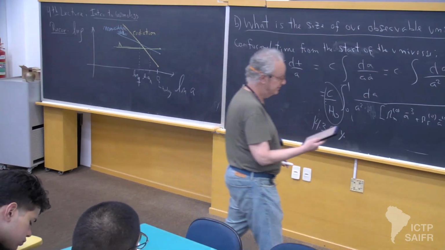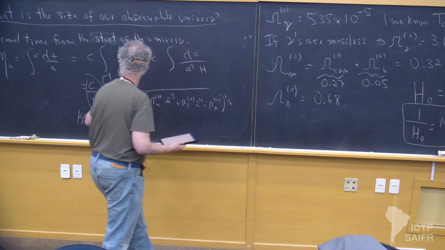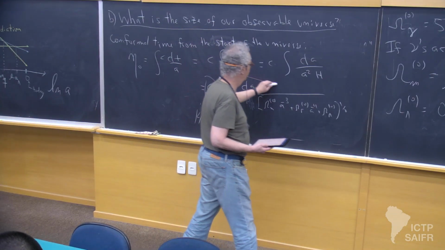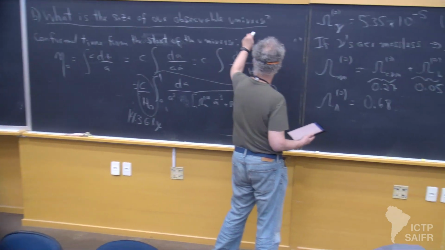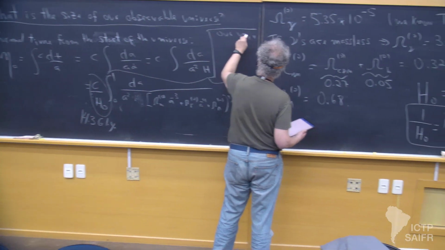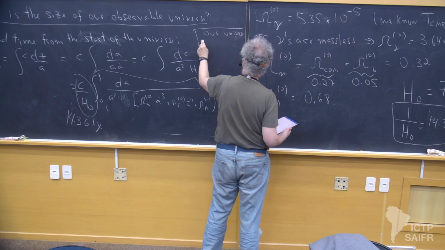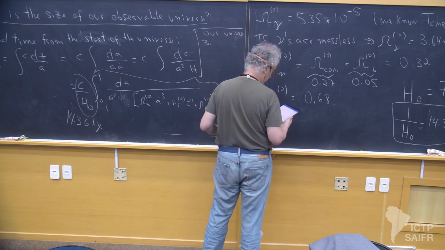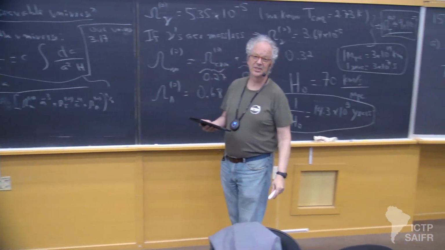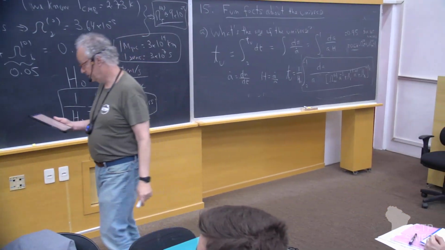And if you do it for our universe, this integral here, for our universe, is 3.17. So there's a factor 3 difference when you compute this.